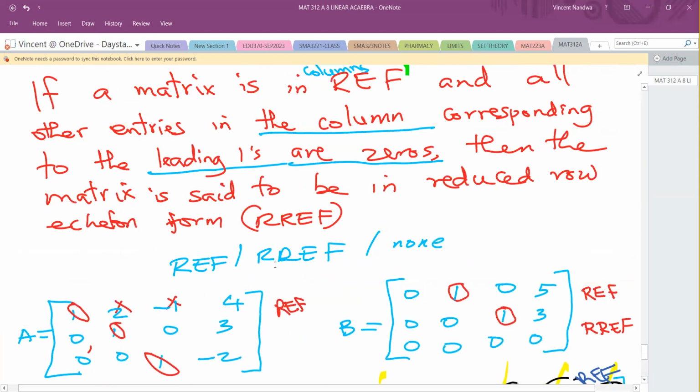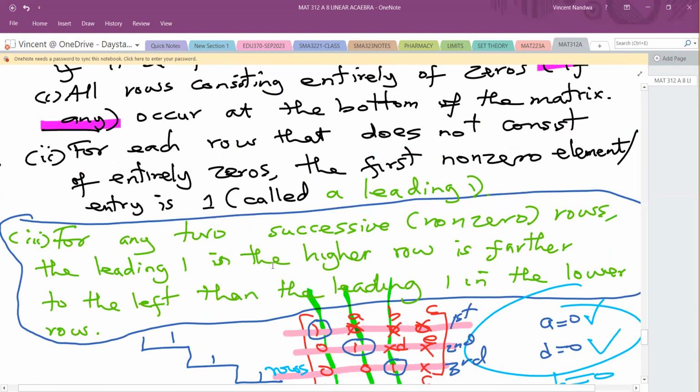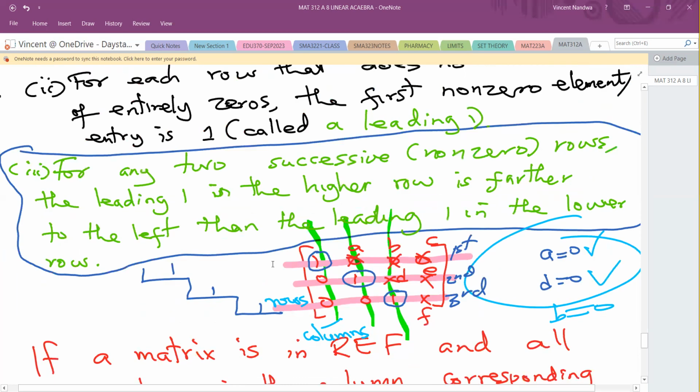The condition for the two successive non-zero rows. I hope you understand what you mean by successive. Next to each other.